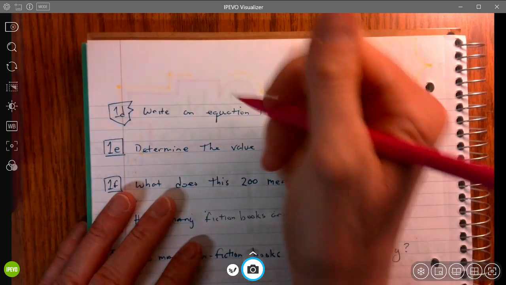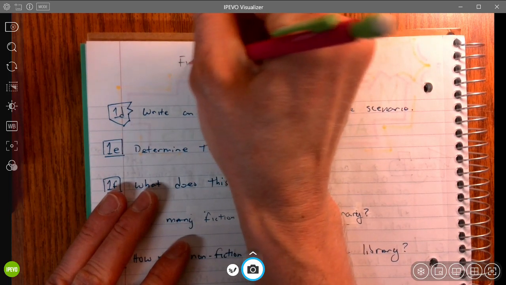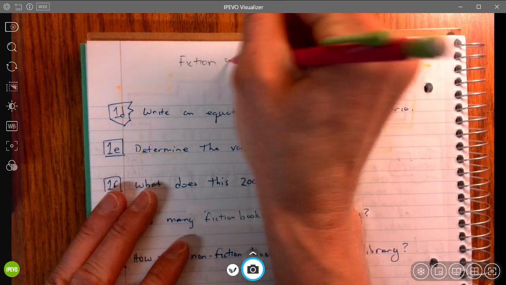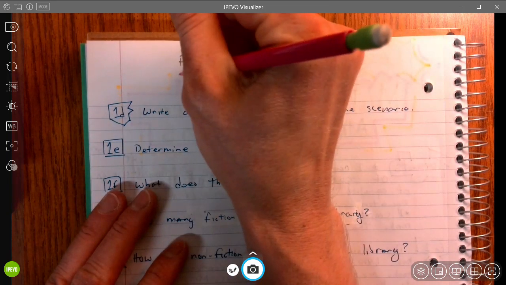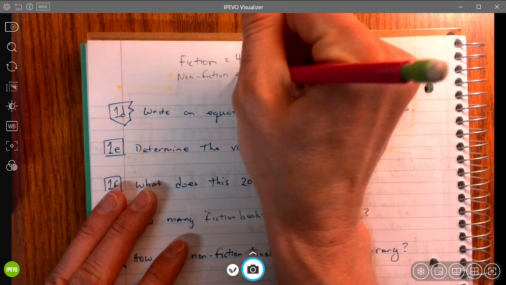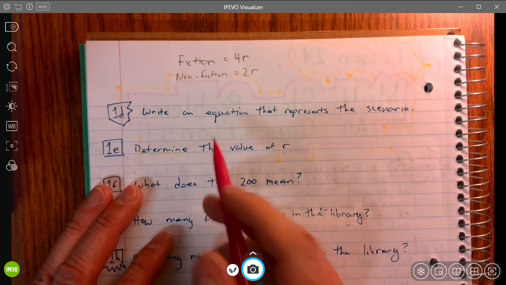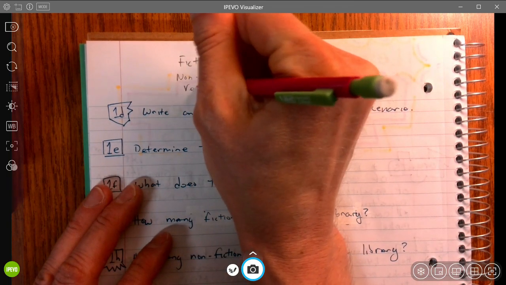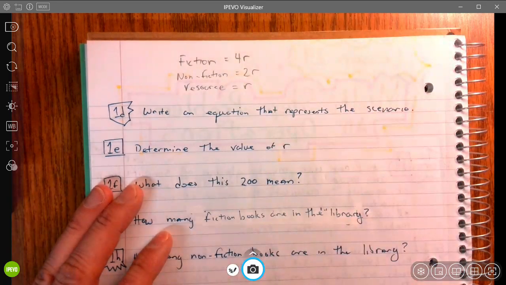We said that from the previous page, the amount of fiction books is equal to 4 times R. The amount of nonfiction books is equal to 2 times R. And the amount of resource books is equal to R.